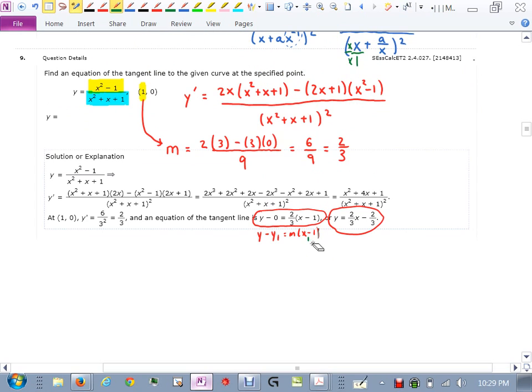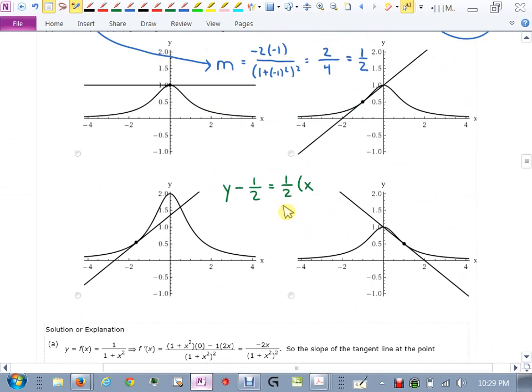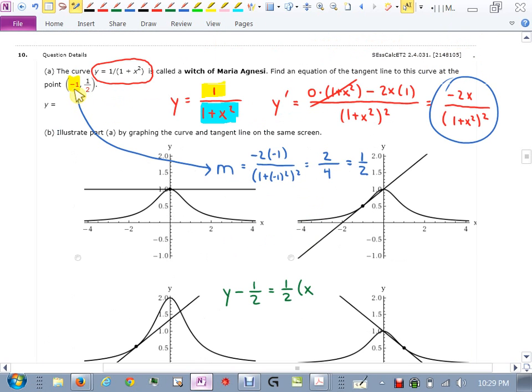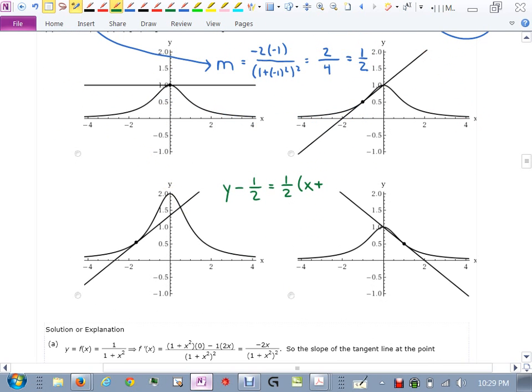This one was right there, x1. And then we have x minus whatever this one was. So minus a negative, double negative means plus. Distribute through. Y minus 1/2 equals 1/2 x plus 1/2.